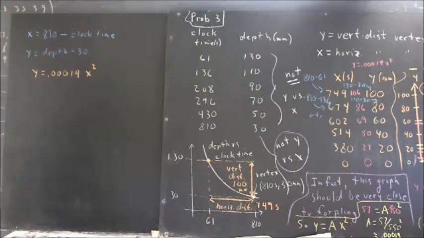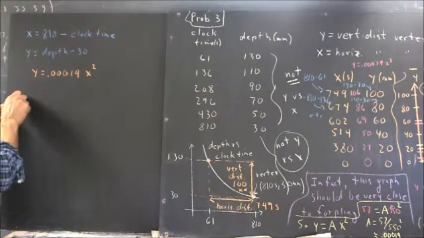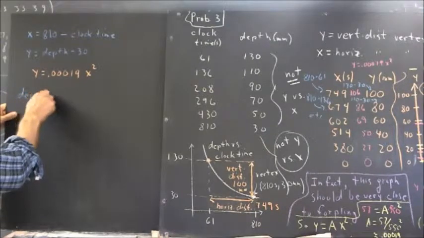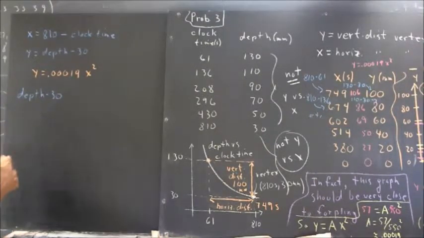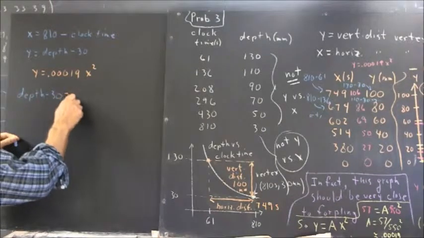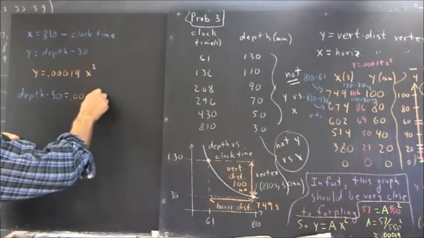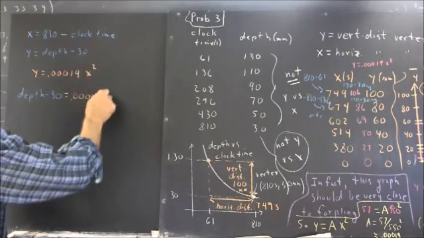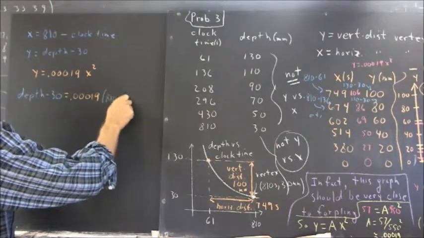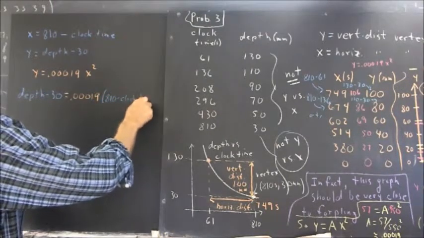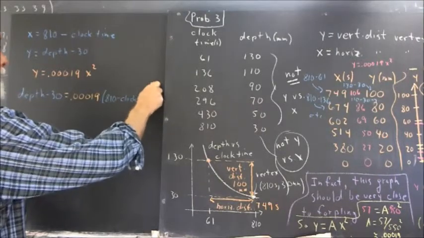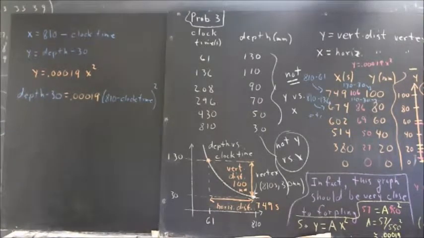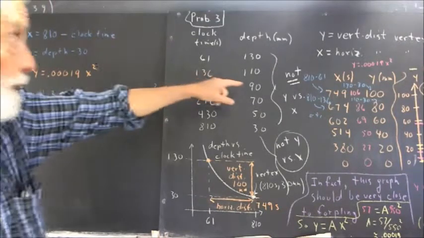Well, y is depth minus 30. So we replace y by depth minus 30, and that's going to equal 0.00019, get all those zeros in there like I did before, times x squared, which is 810 minus clock time quantity squared. Well, that's good. So we want depth as a function of clock time now, because that's what we have here.